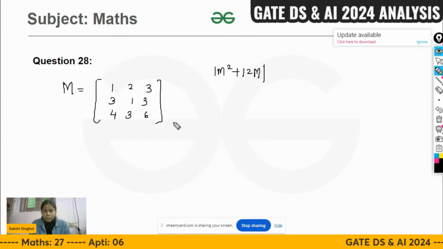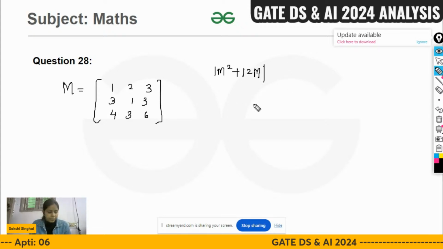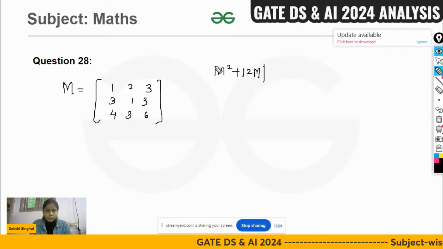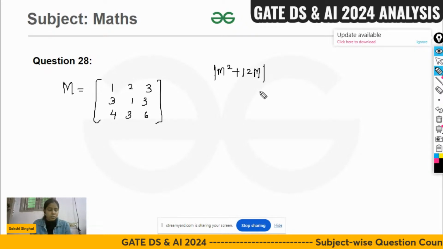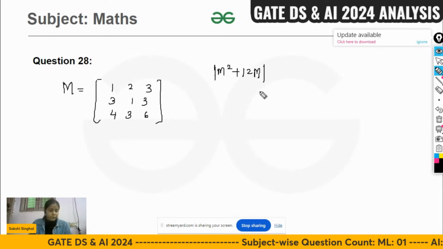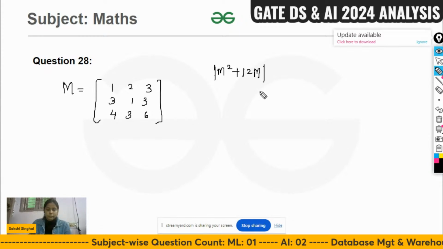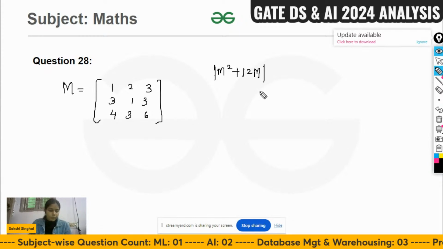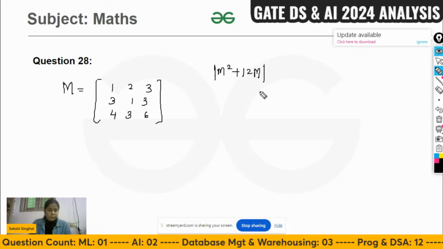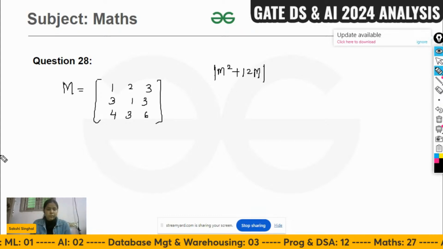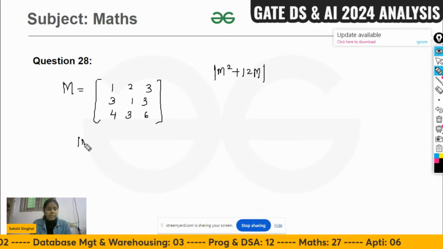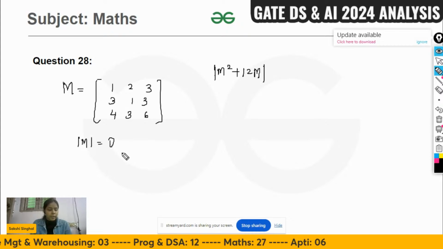So, guys, what would be the determinant here? They ask for the determinant of M square plus 2M. You can see that here the determinant of M is 0. And why am I directly saying the determinant of M is 0?